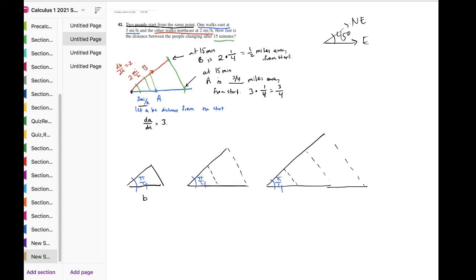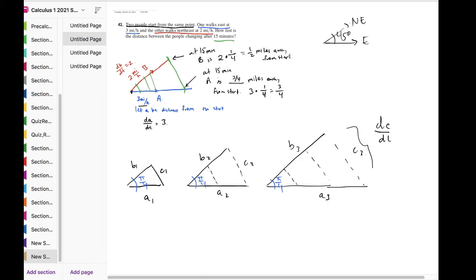So this would be A1, B1, B2, A2, B3, A3, and this is C1, C2, C3. So what we want to find is dc dt at 15 minutes. Okay. Any ideas?